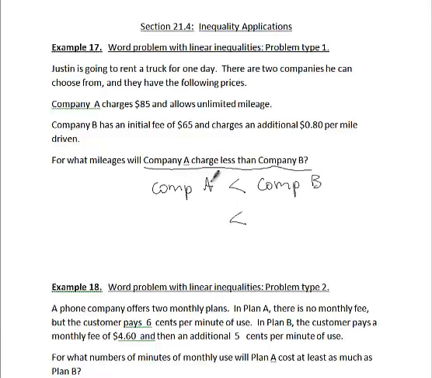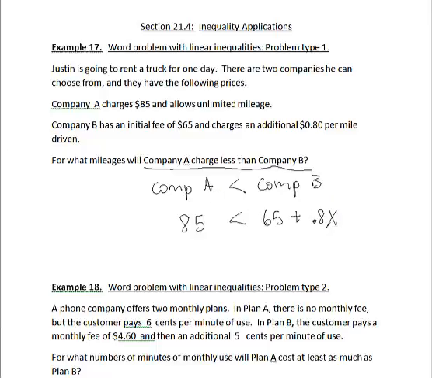What are the charges for Company A? That was $85. What are the charges for Company B? $65 plus 80 cents for every mile, and so I multiply 80 cents times the miles. We don't know the miles, so we use x in its place.